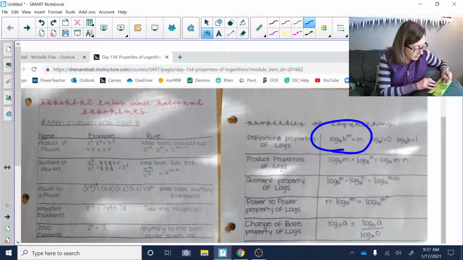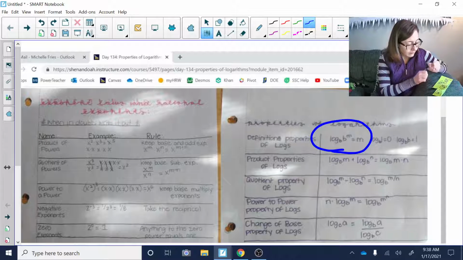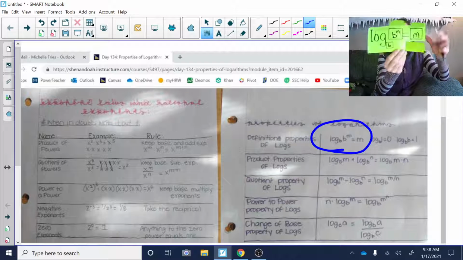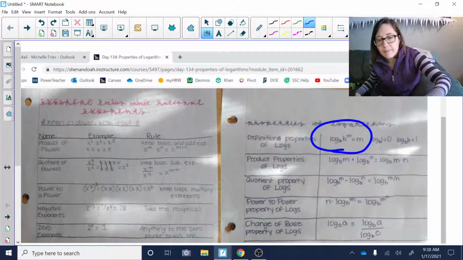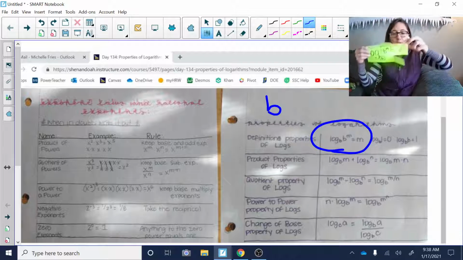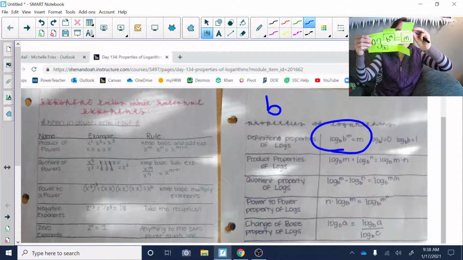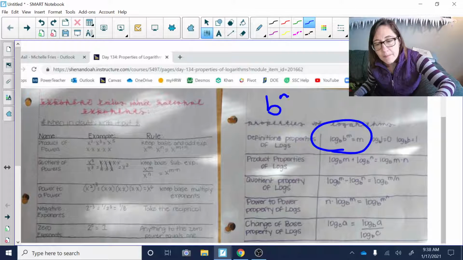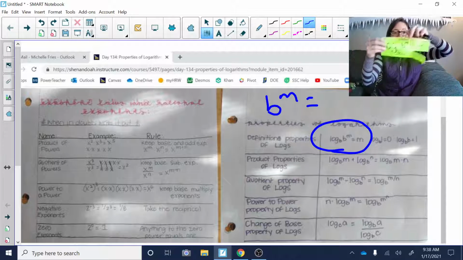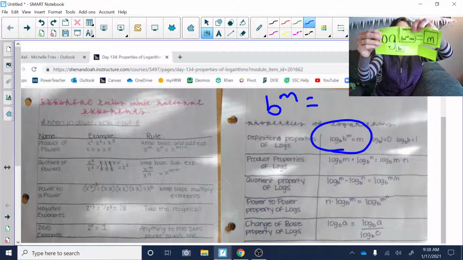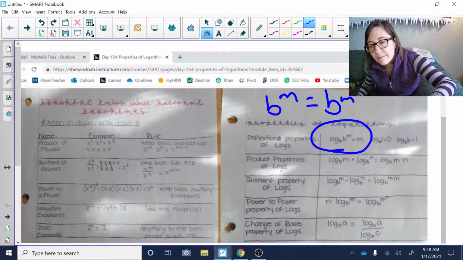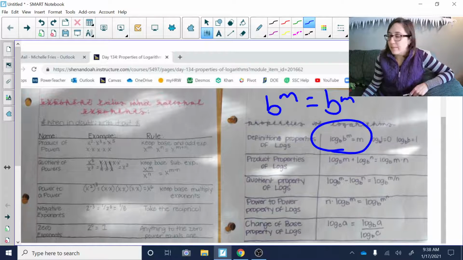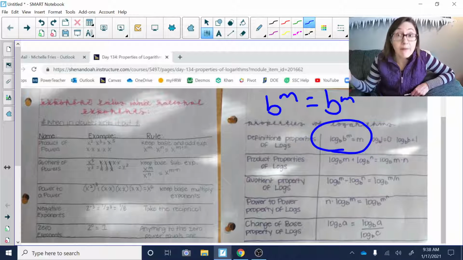If I take this, what's the base? That would be b. What's the exponent? That would be m. And what's the argument? That would be b to the m. So b to the m equals b to the m. Well, yeah, it's kind of obvious, right?